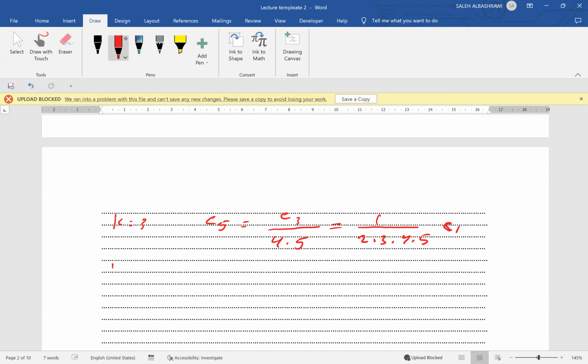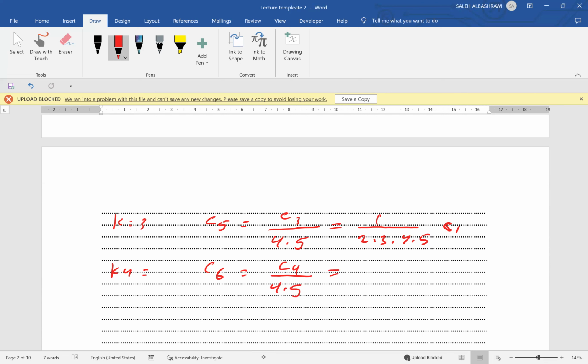K equal to 4, just one more. I will have C6 equal to C4 divided by 5 times 6.